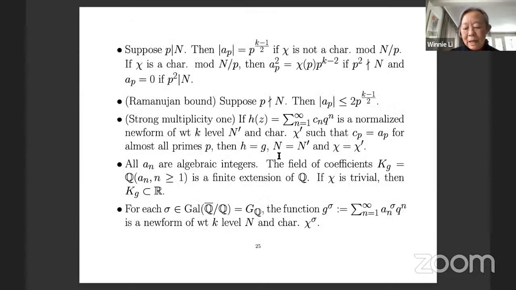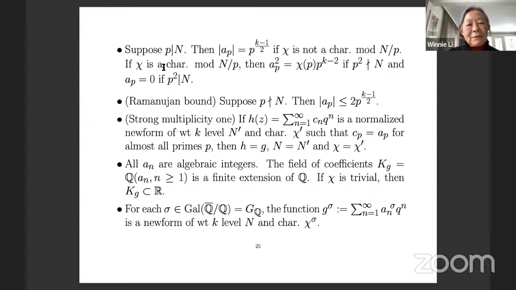Then let me talk about what we know about the Fourier coefficients at the bad primes p dividing n. If chi is not a character mod n/p, then the absolute value of a_p is p^((k-1)/2).